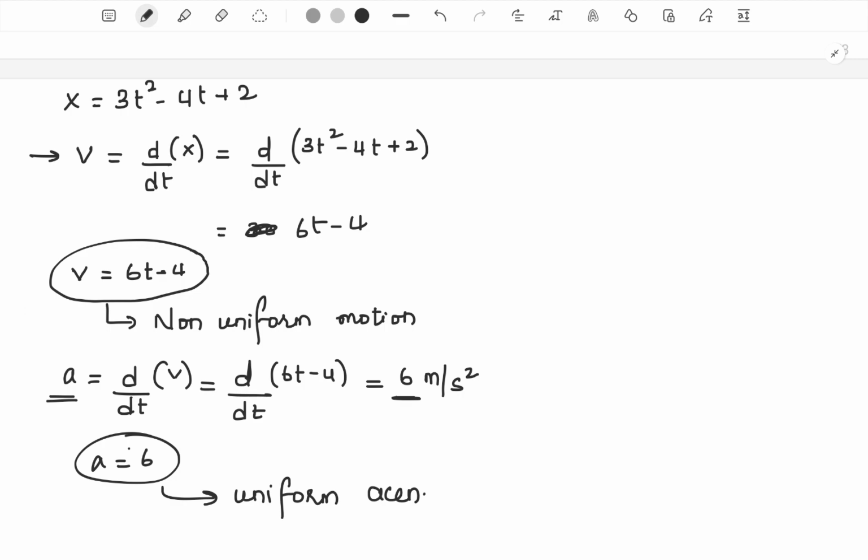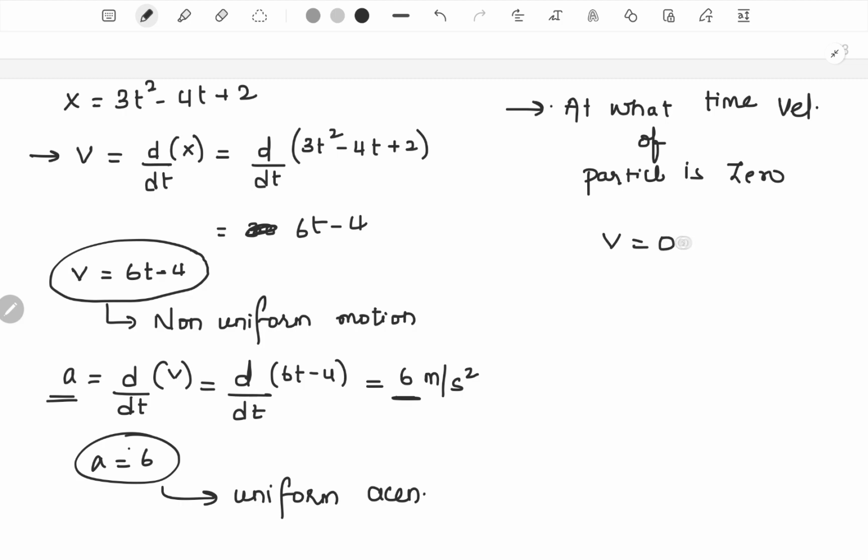Now let's try to calculate the distance in a particular interval of time. Before that, to discuss a problem on distance, let's understand at what time the velocity of the particle becomes 0. So the question was something like this: at what time is the velocity of the particle 0?